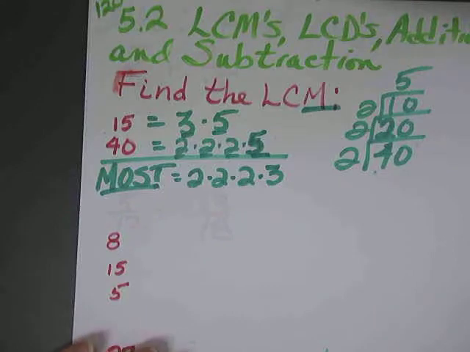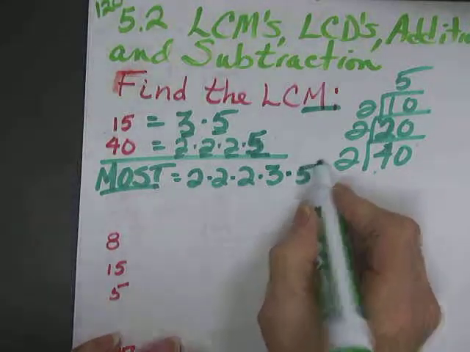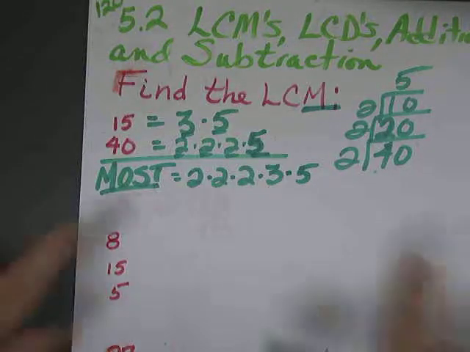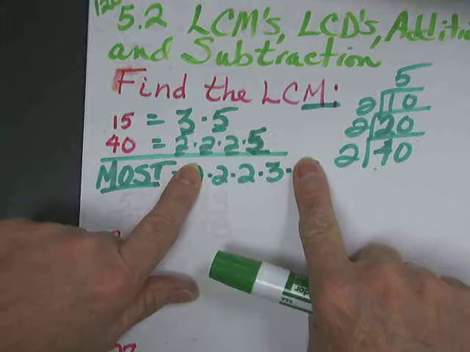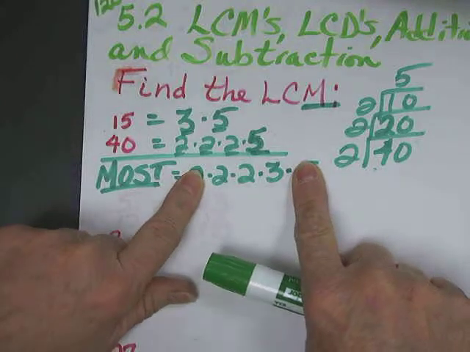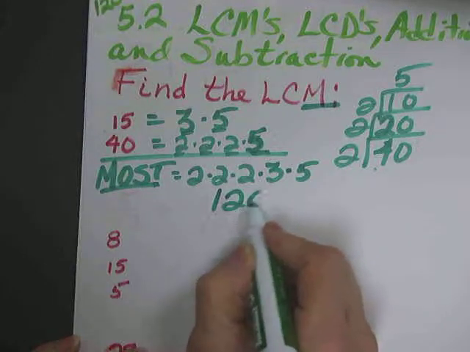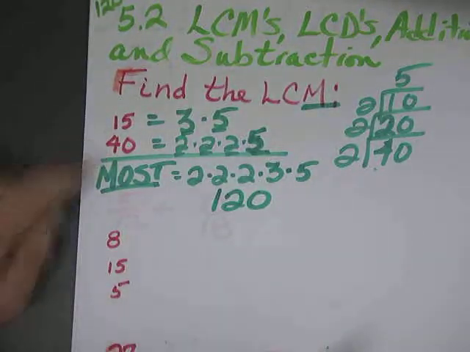The most 5's: 1 and 1, so 1. Either one. So we get 10 times 12, 120. Those should both go into 120.